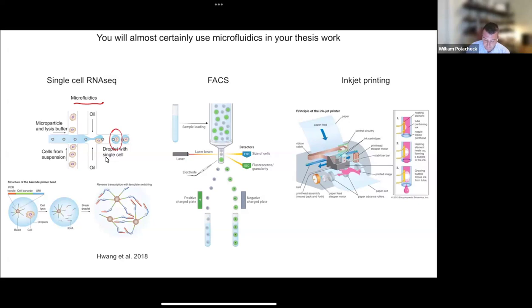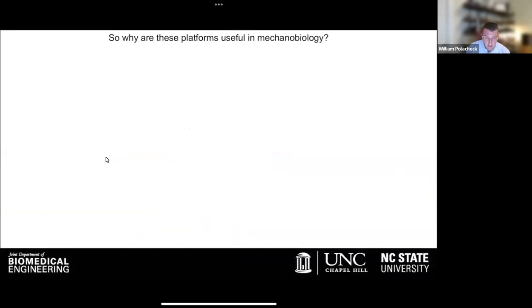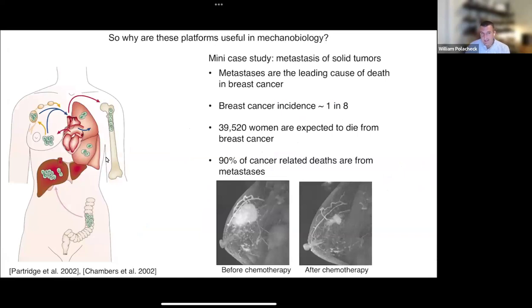Okay, so why would these specific platforms, these microfluidics, be helpful in mechanobiology? Well, to provide an example, I'll use a case study of metastasis of solid tumors. I imagine most of you, perhaps, are working on cancer in one context or another, given how important mechanobiology is in the progression of cancer.